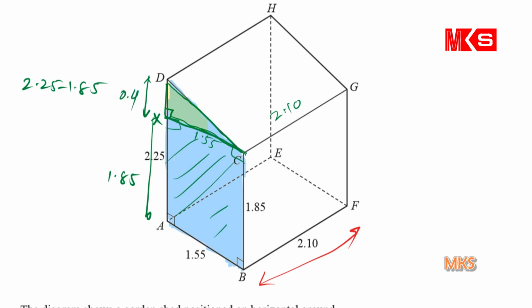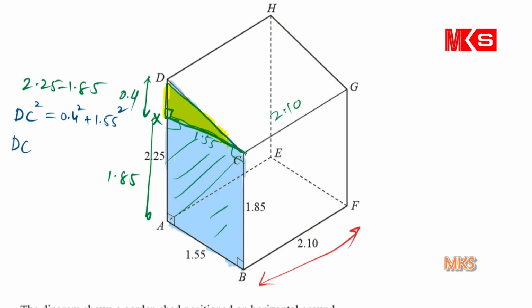So now we have a right angle triangle. We have to find DC, and DC square will be equal to 0.4 square plus 1.55 square. That is 2.5625.